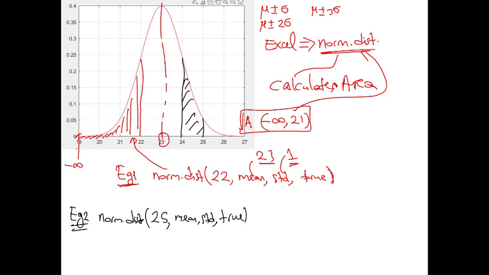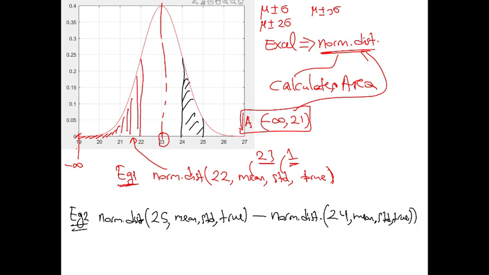This one will always be true. Then minus the normal distribution again, so now you put 24, and then the mean value, standard deviation, and true.